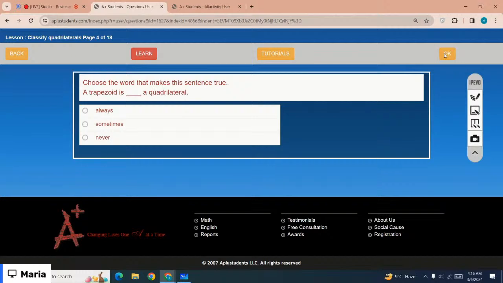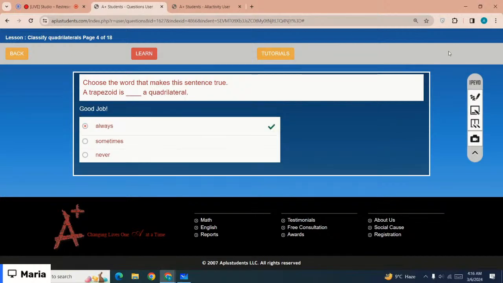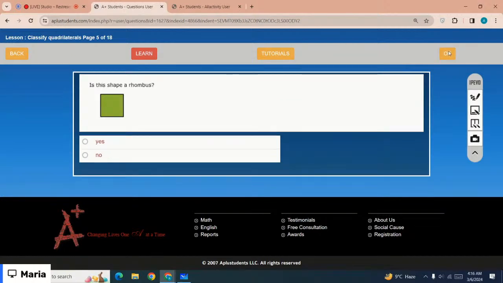Because a trapezoid is always a four-sided shape, so yes, that is always a quadrilateral. Is this shape a rhombus? Yes, it is.